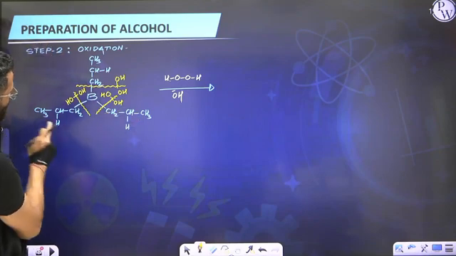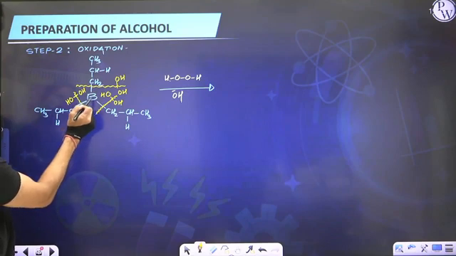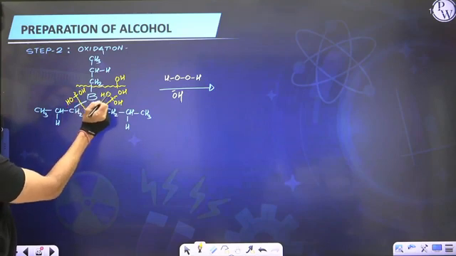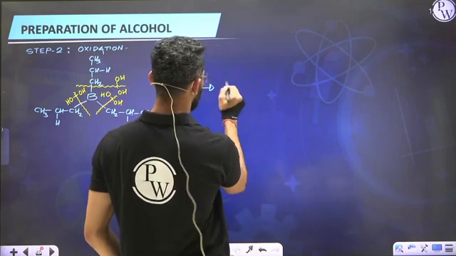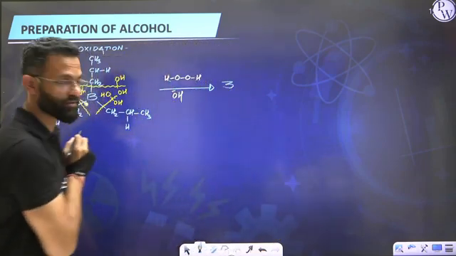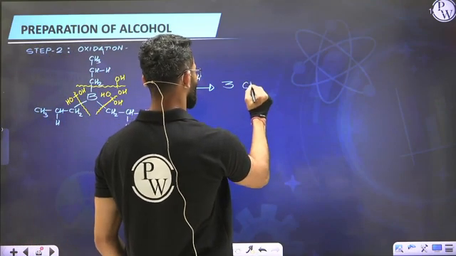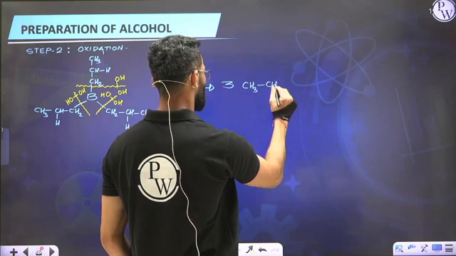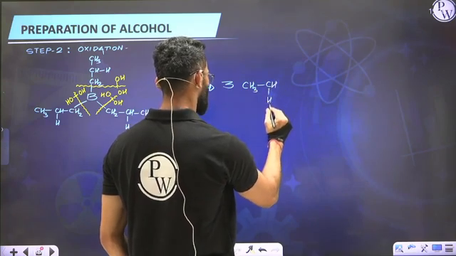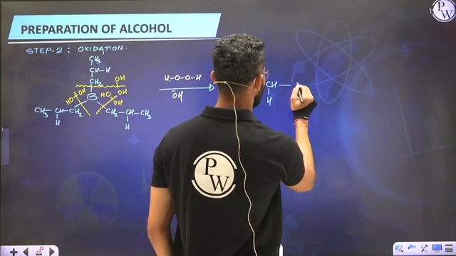Second equivalent of alcohol, CH3CH2CH2OH. Third equivalent of alcohol. And B carrying 3 OHs. So we will be getting as product 3 equivalents of CH3CH2CH2OH, with CH2 carrying OH.